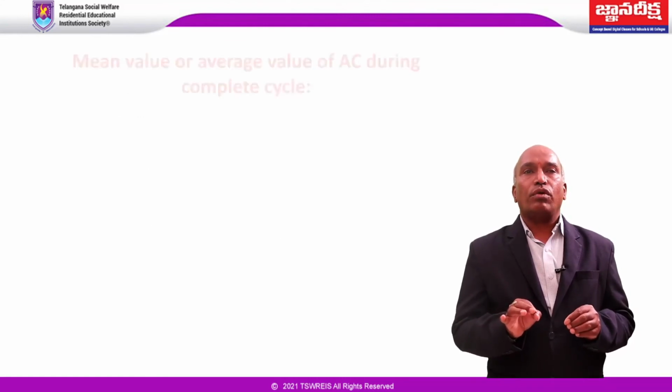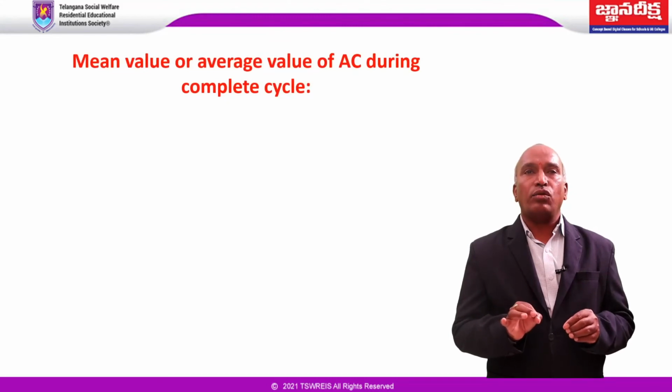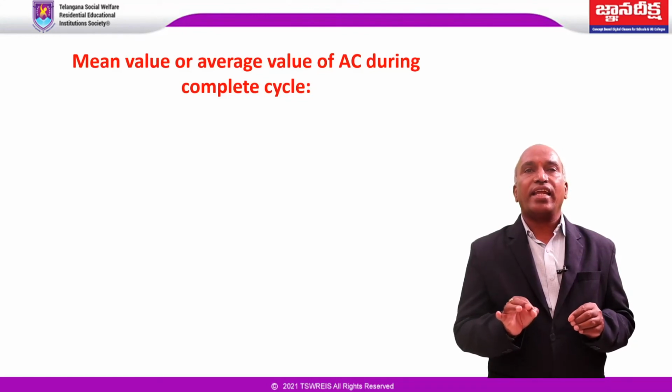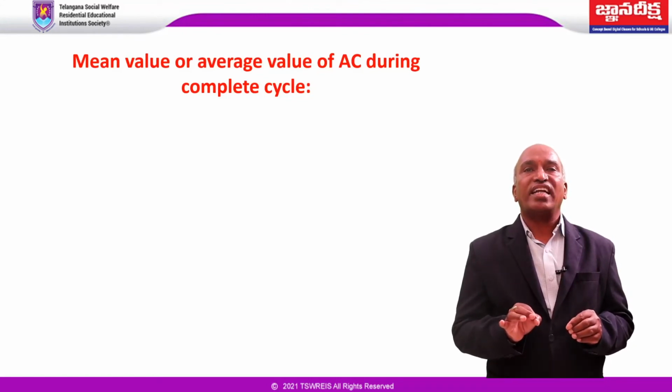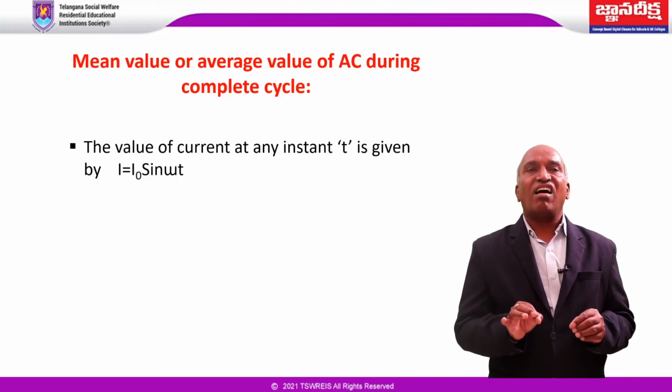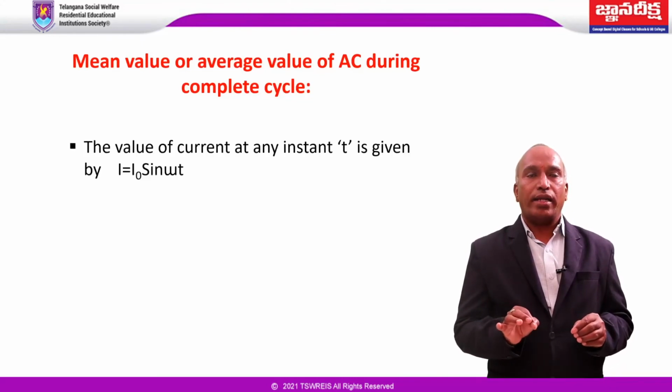Mean value or average value of AC during complete cycle. The value of current at any instant t is given by I = I₀ sin ωt.